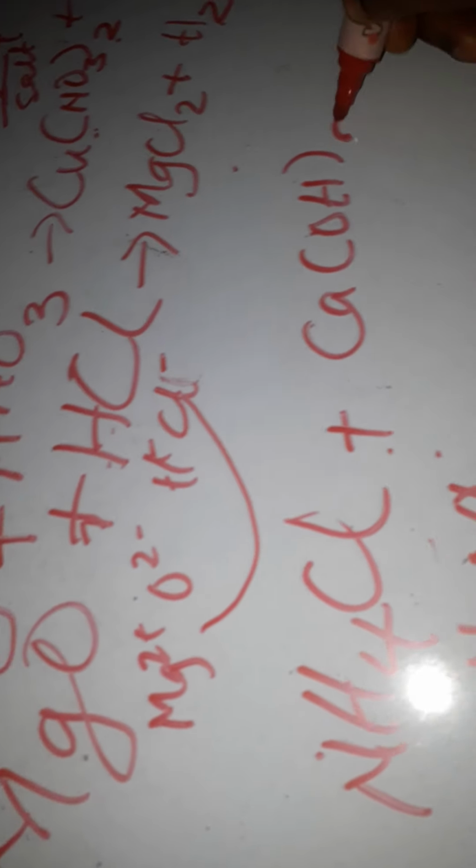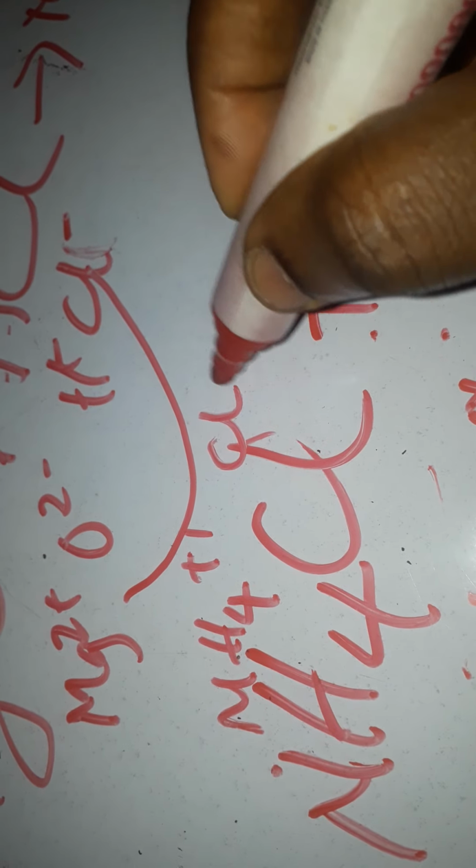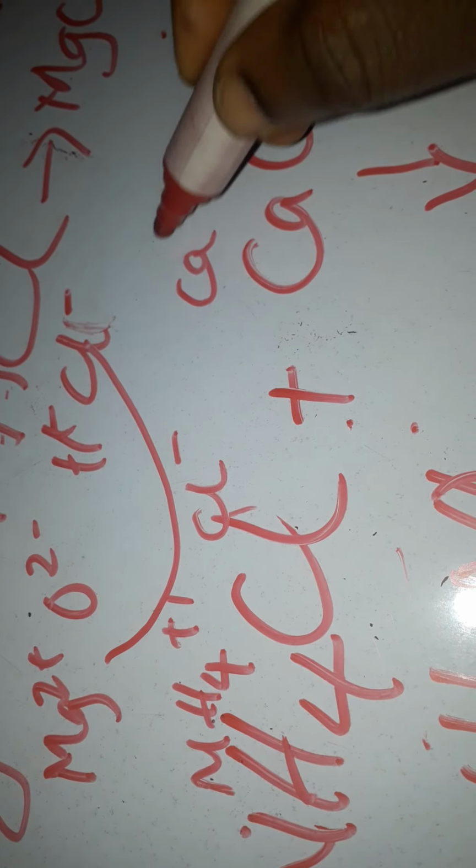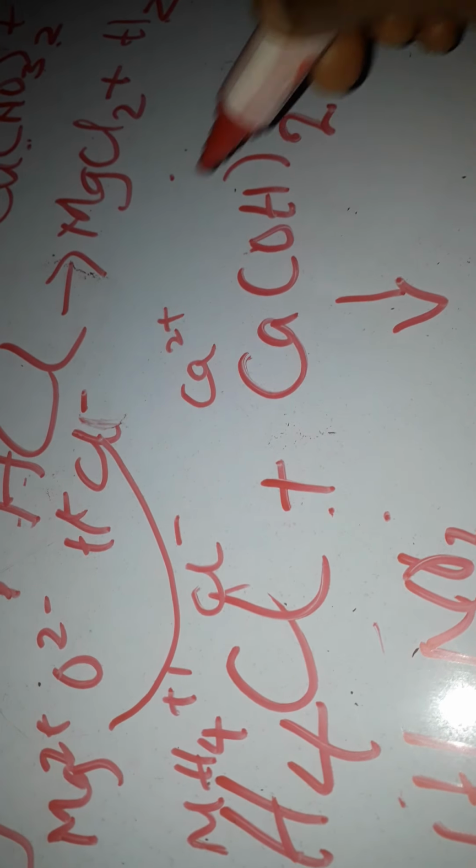When it reacts with any base, there will be a liberation of ammonia gas. Now, when you want to react this, NH4 plus 1 from NH4, then Cl minus 1. This one carries plus 2 from the atomic number, which is 20, and OH carries minus 1.